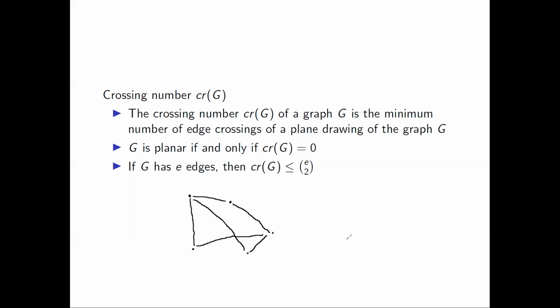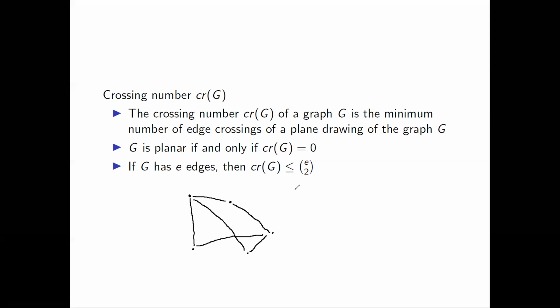So if there's only one intersection point at most for every pair of edges, and there's E choose 2 possible pairs of edges, then we can say the crossing number is going to be at most E choose 2, because it's possible to draw our graph G with at most E choose 2 crossings. And it might be possible to draw it with far fewer crossings than that. But this upper bound holds for any graph with E edges.